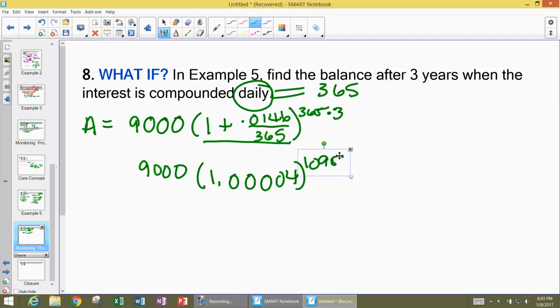So that's how many times this will actually be compounded over the 3 years. So 9,000 times 1.00004 to the 1,095th power will give you $9,402.95. So by compounding it more often, you've actually made a little bit more money.